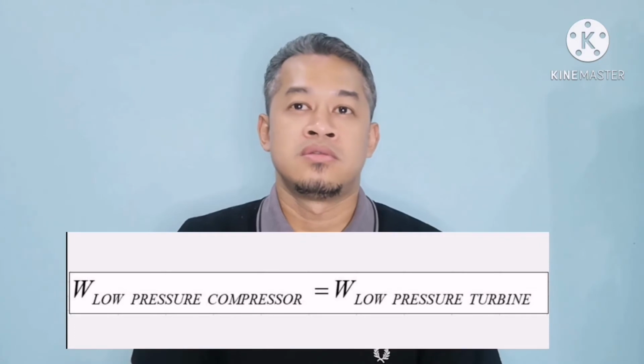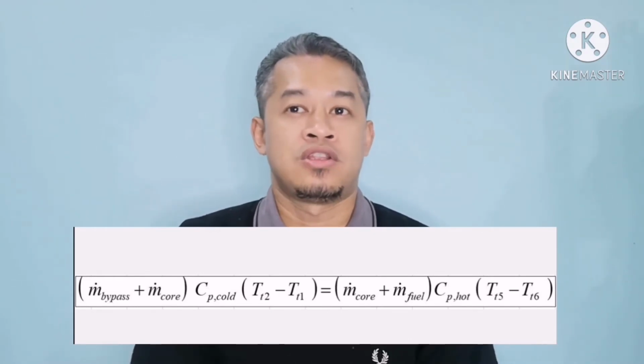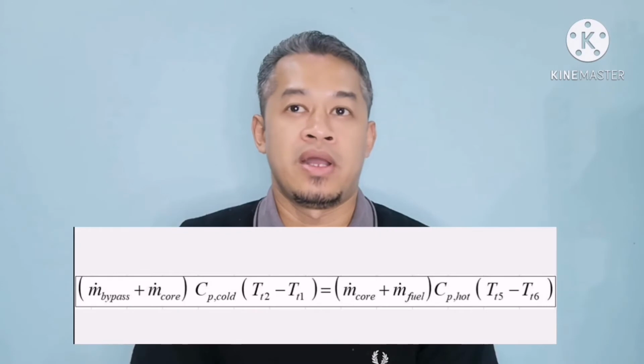The work for the low pressure compressor can be calculated from the temperature difference T total 2 minus T total 1, and the work for the low pressure turbine can be calculated from T total 5 minus T total 6.